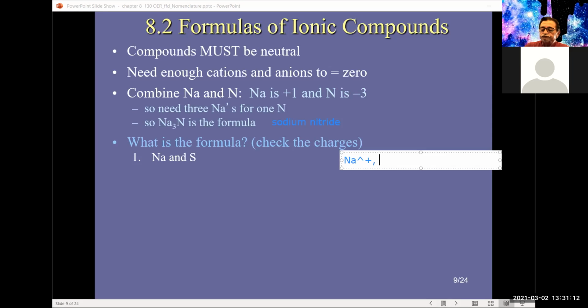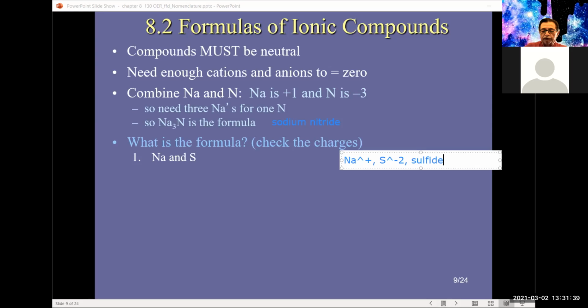Sulfur, go find it in the periodic table. It is in group 6. So when it becomes ionic, it is a -2, and its name changes to sulfide. So those are the ions that I'm going to be working with.